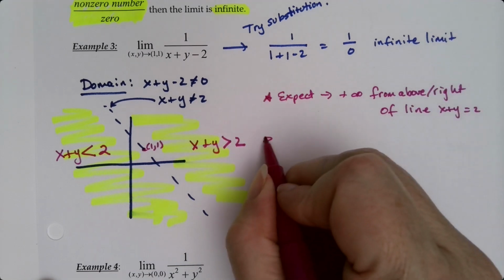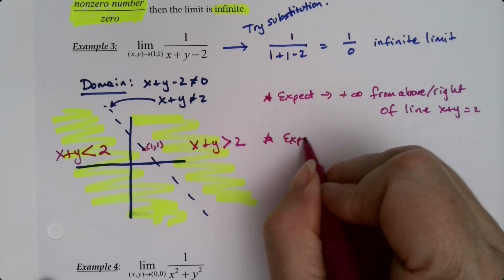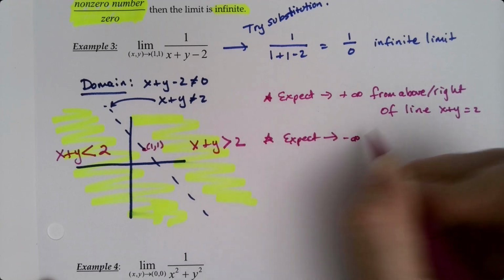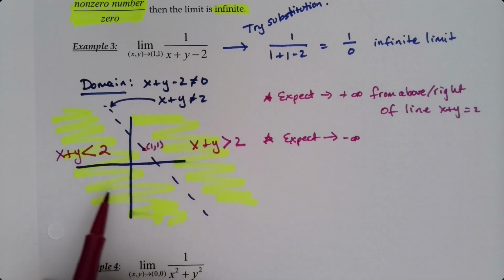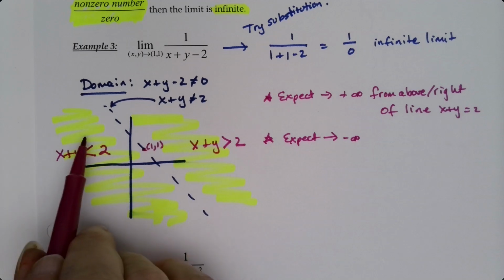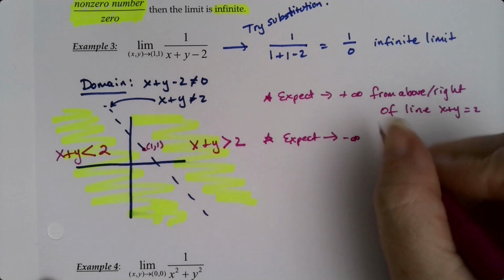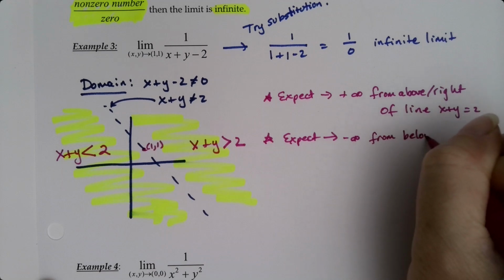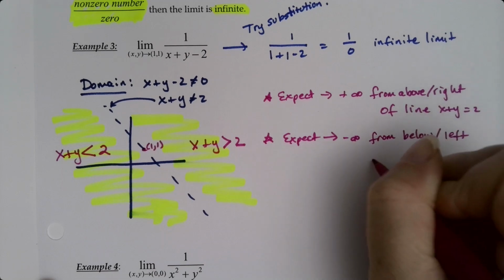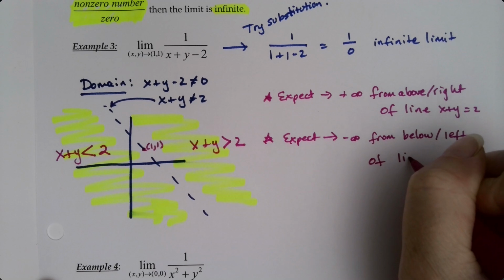And we also expect that our limit is approaching negative infinity. Because if both of these values are negative over here, that'd be quadrant 3, or even if they're just less than 2, we expect this will be going to negative infinity from below or to the left of the line x plus y equals 2.